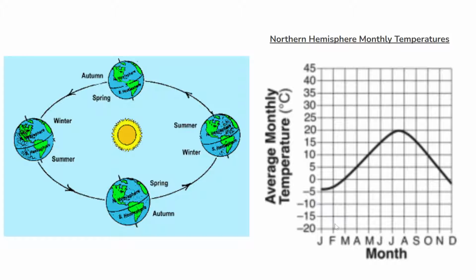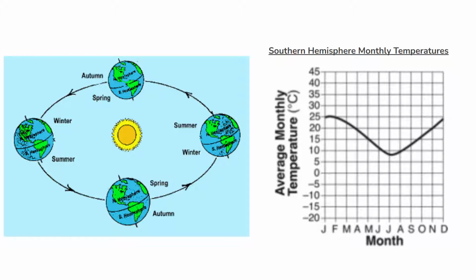And you'll notice that if we create a graph of the different months and the average monthly temperature in each hemisphere, we'll see that in the northern hemisphere, in June, July, August, we're going to have the highest temperatures. And then in December and January, we'll have the lowest temperatures, because in June and July we have summer, and in December and January, we have winter.